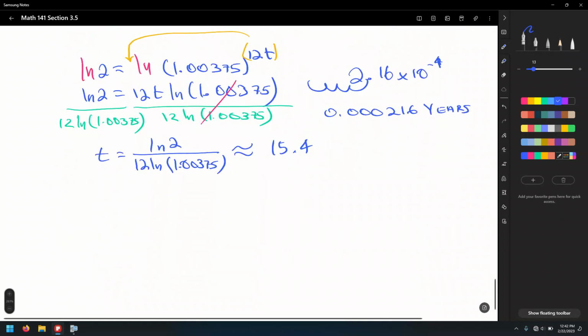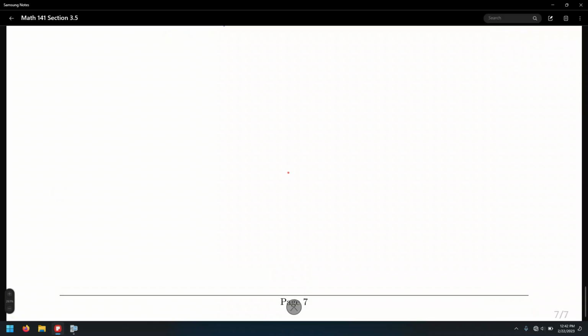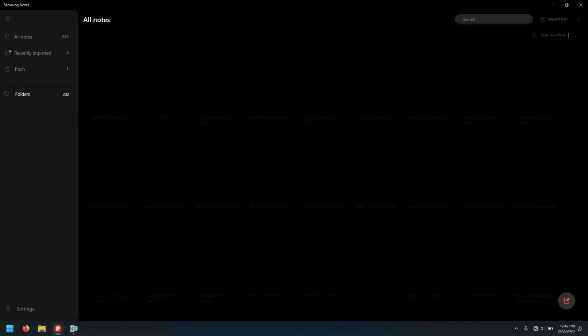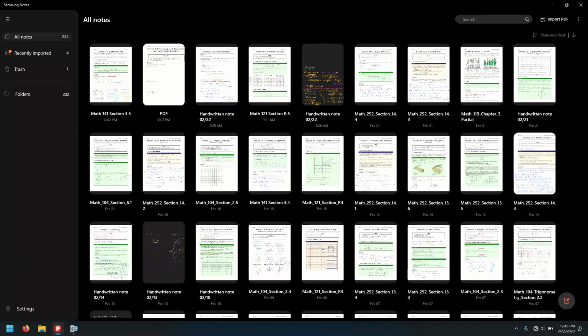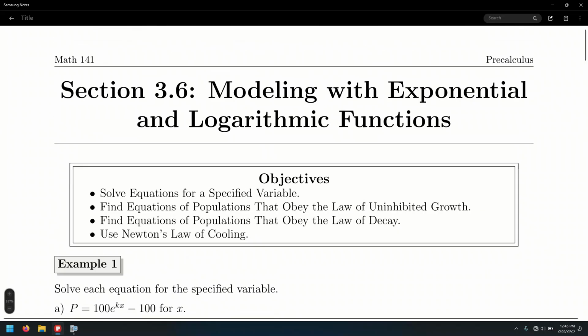And I think this is also the end of the section. How about we go and look at the next section? And the next section is about still solving exponential and logarithmic equations. However, we are going to apply this.